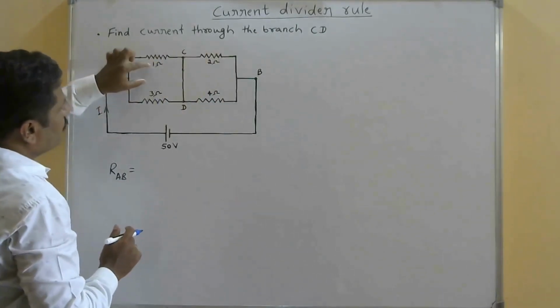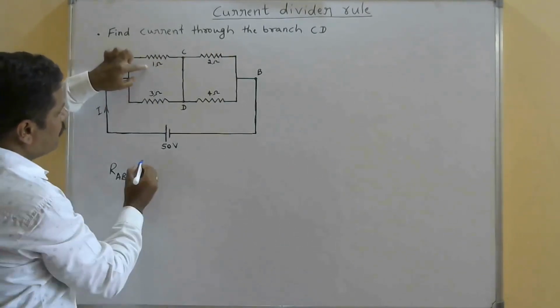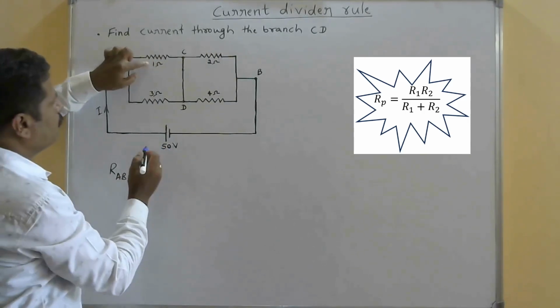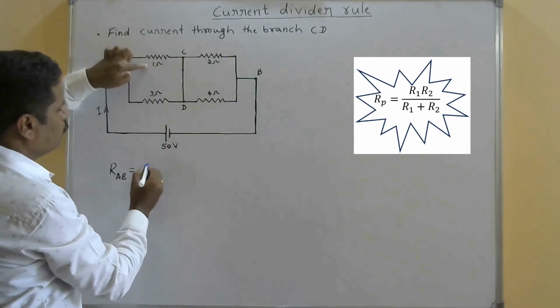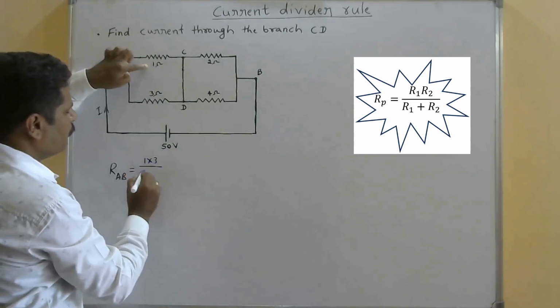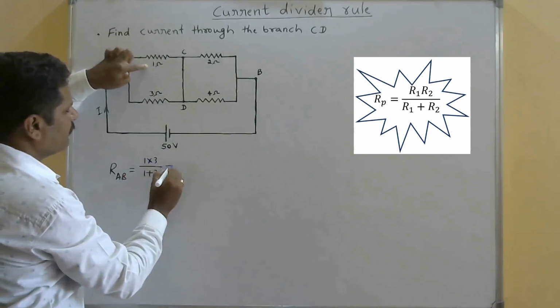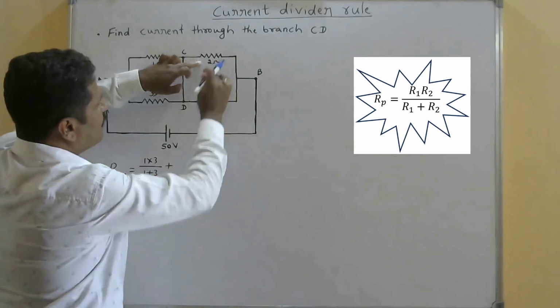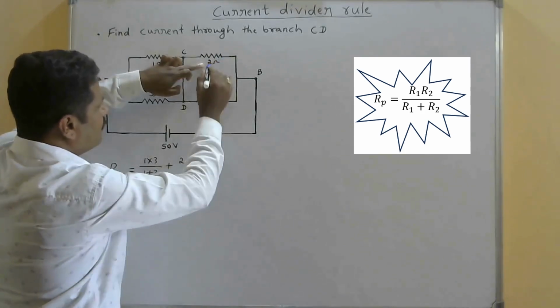So whenever these two are connected in parallel we can use this formula, that is R1 R2 divided by R1 plus R2. So let me consider this R1 and this is R2. So 1 into 3 divided by 1 plus 3, plus, because these two are connected in series, so we can use plus, and here R1 is 2 and R2 is 4.